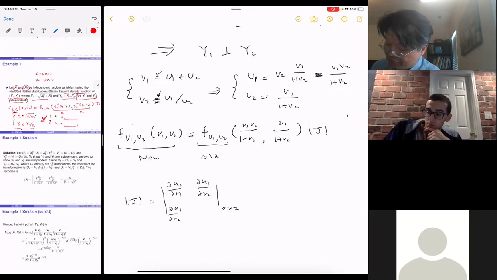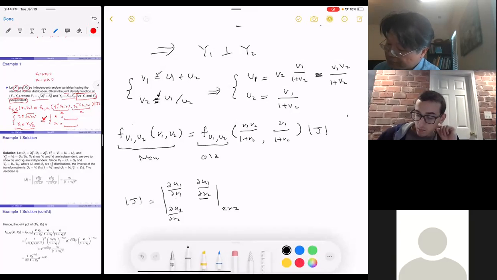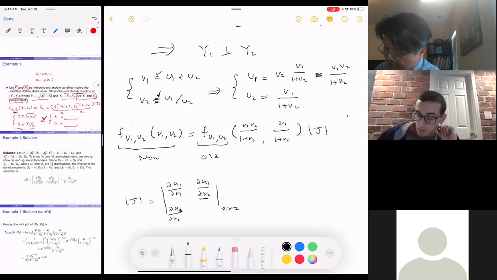Okay, I just used to writing it down as partial U1, partial V1, partial U1, partial V2. Then if I write that way, the second row would be partial U2, partial V1, partial U2, partial V2.